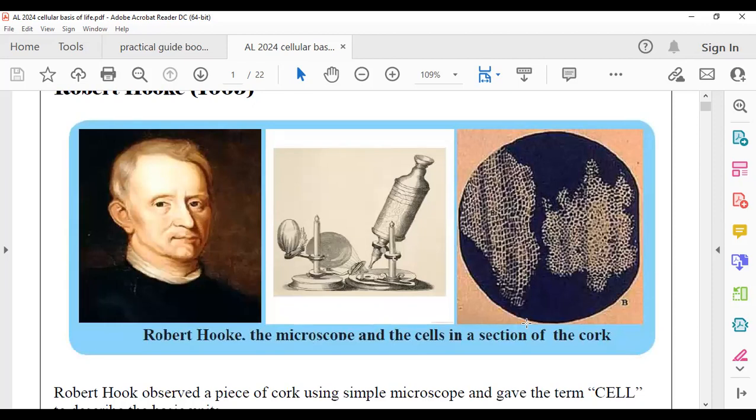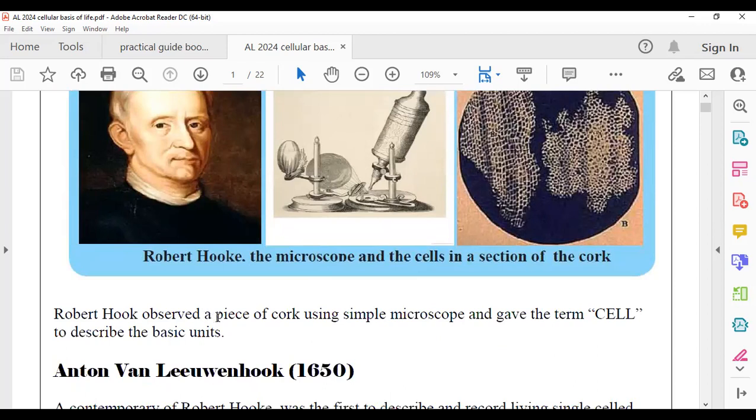The man who first discovered the cell and called it a cell using his own microscope was Robert Hooke. The cells he noticed were dead cells. Actually, what he observed under his microscope was a piece of cork.